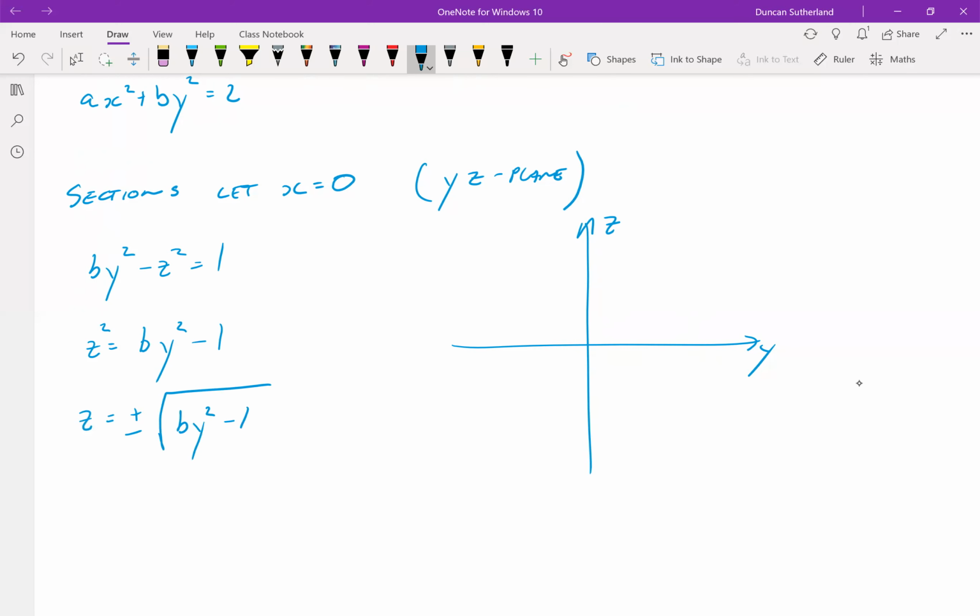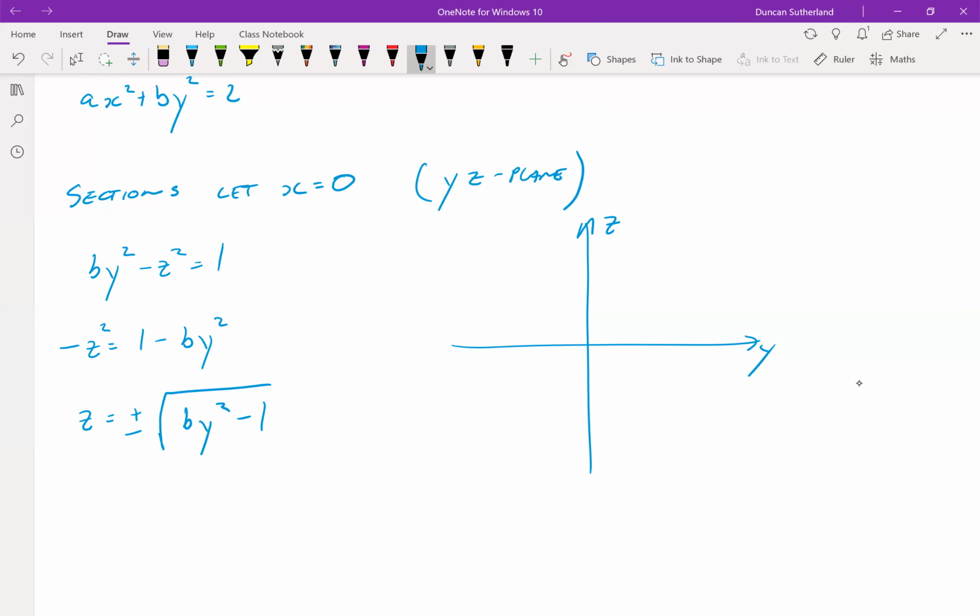So if y is, no, I've made a sign error here. Just doing that too fast. Oh no, I didn't make a sign error.